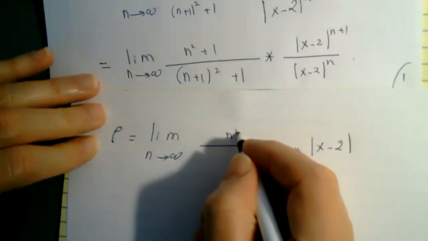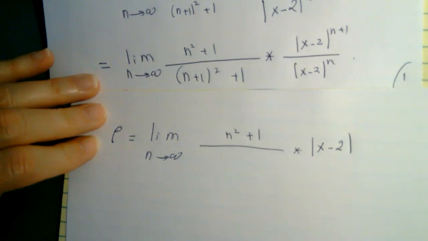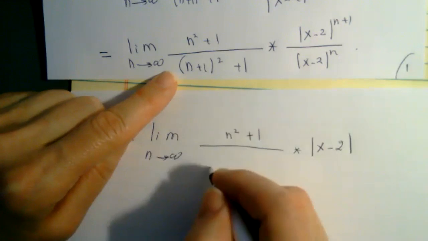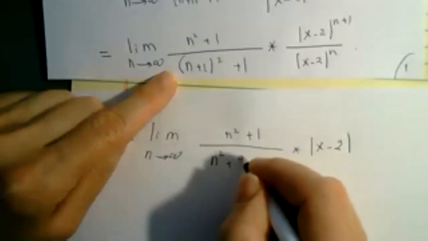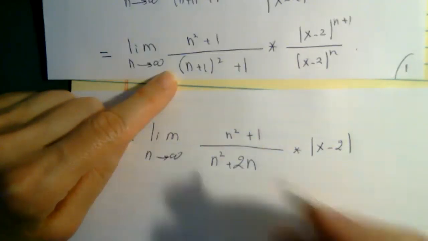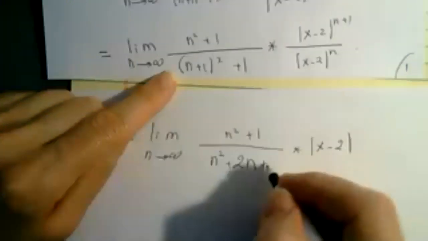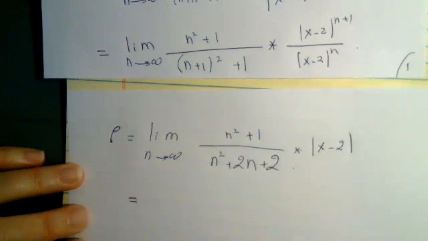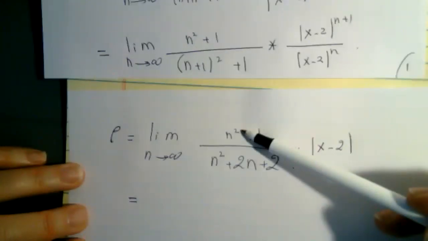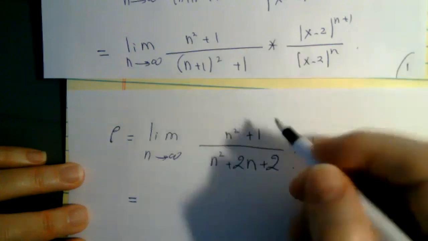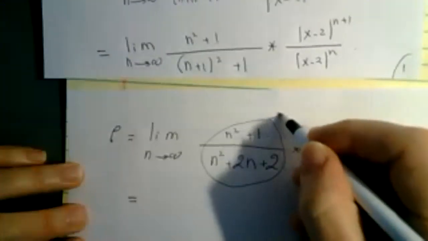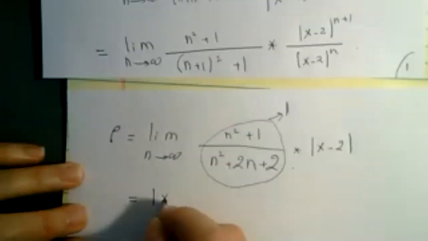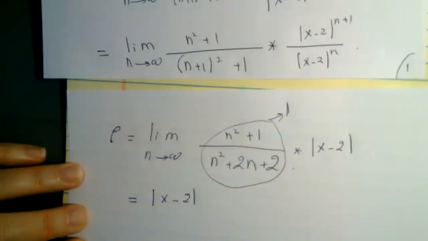This is n squared plus 1 over the denominator, which if I distribute gives me n squared plus 2n plus 1 plus 1, so plus 2. Divide by n squared in both, and we realize that this term goes to 1. So this is equal to the absolute value of x minus 2.